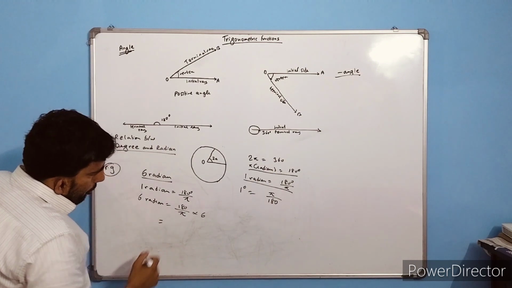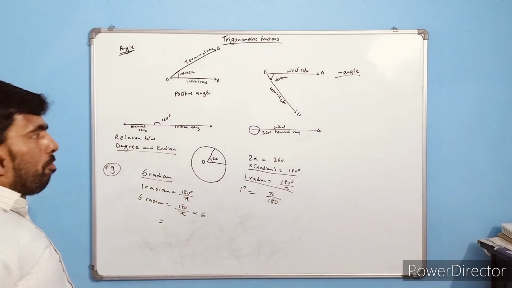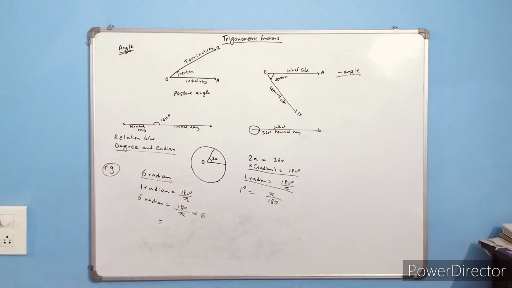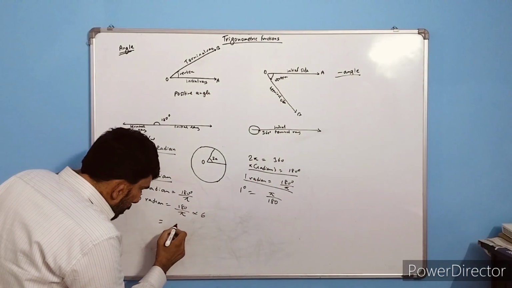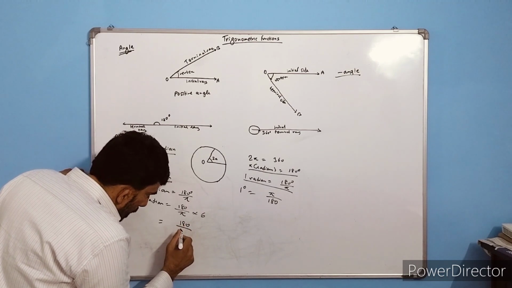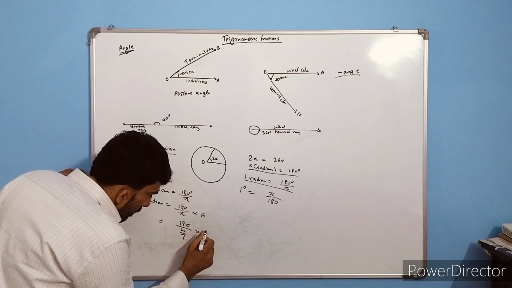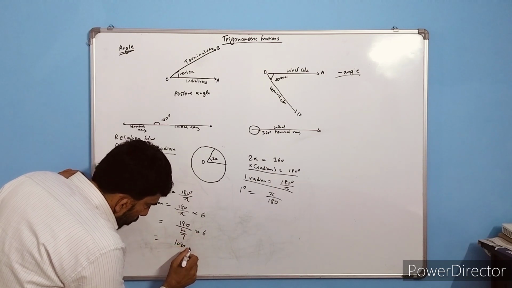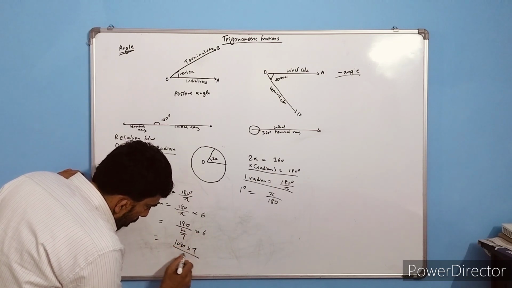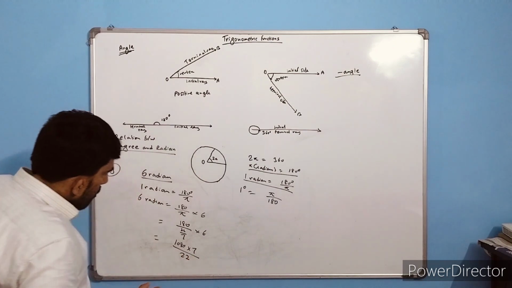We all know that the value of pi is 22/7. We have used it in previous classes, so we'll use it here also. So here it is 180 upon 22/7 into 6. So if you multiply, it is 1080 into 7 upon 22.